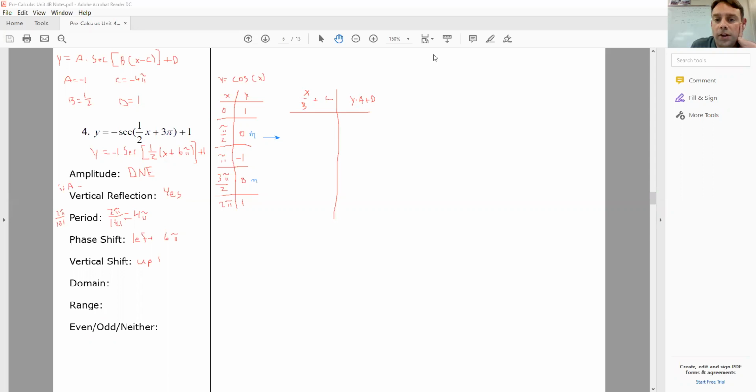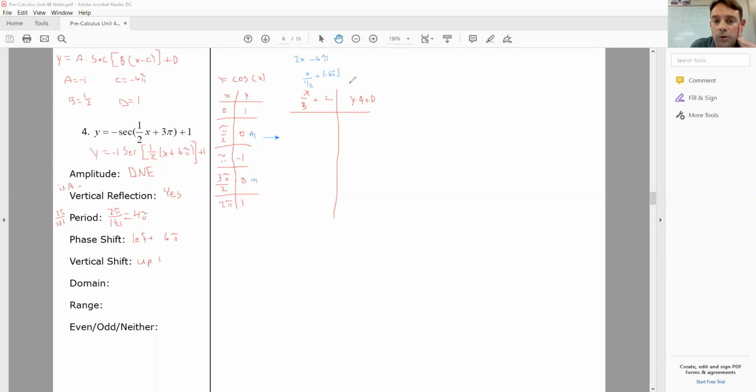All right, so in our case then, our b value was 1/2. So I'm going x divided by 1/2 plus a negative 6 pi. In other words, x divided by 1/2, that's the same thing as 2 times x. So 2x minus 6 pi. So that's what I'm going to do to all my x values.